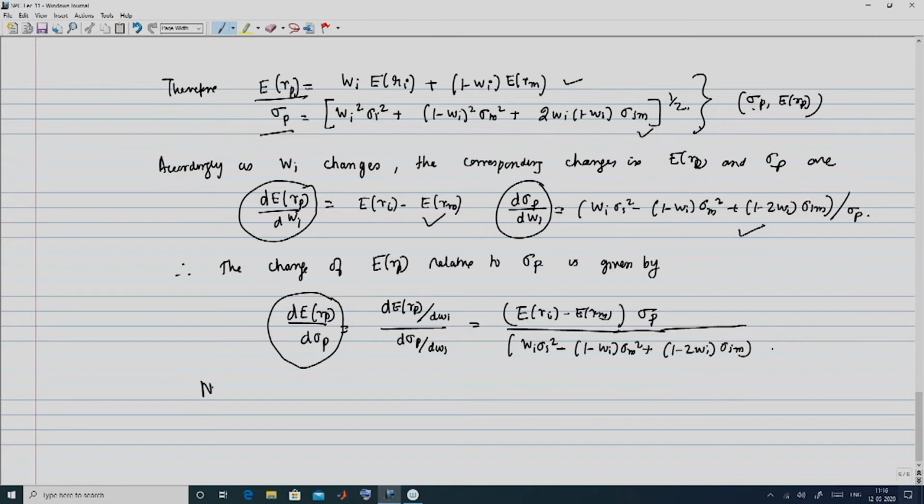So, we can write that this expression here is the slope of I m prime.